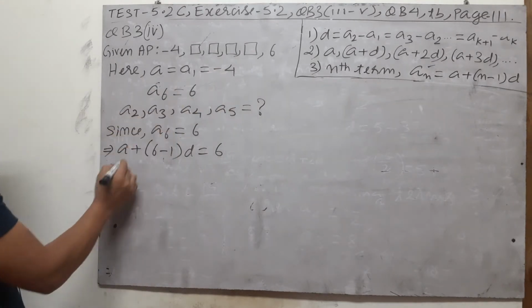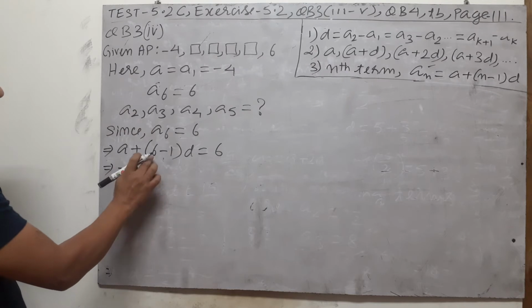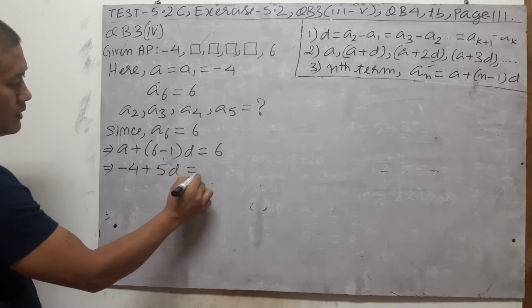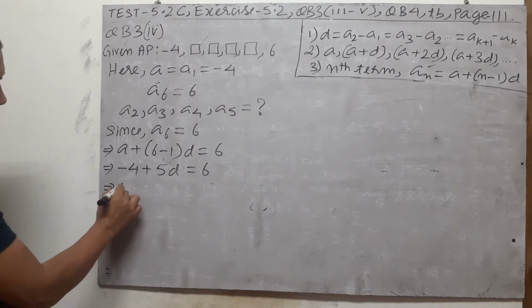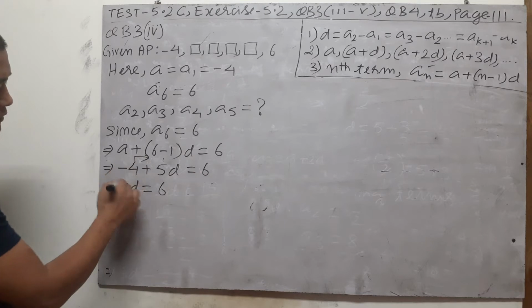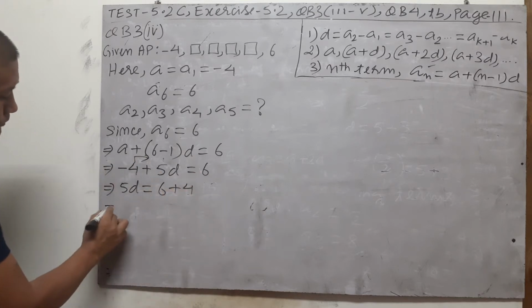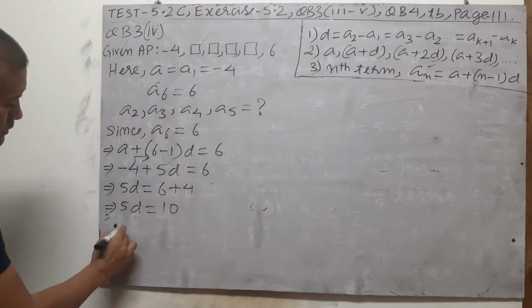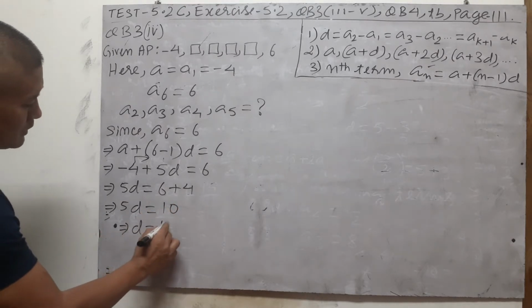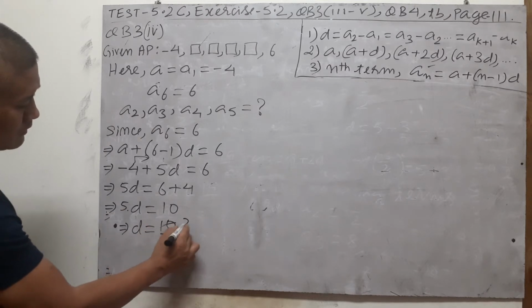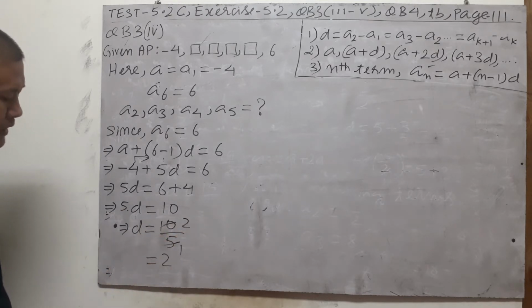Your A value is there, so put it: minus 4 plus 6 minus 1 is plus 5D, equal to 6. So 5D equal to 6, keep this part same and shift this minus 4 to the right side, plus 4. 5D is therefore 6 plus 4, which is 10. So D value will be 10 divided by 5, the 5 comes down to the denominator. 5 2s are 10, so D value is found, 2.